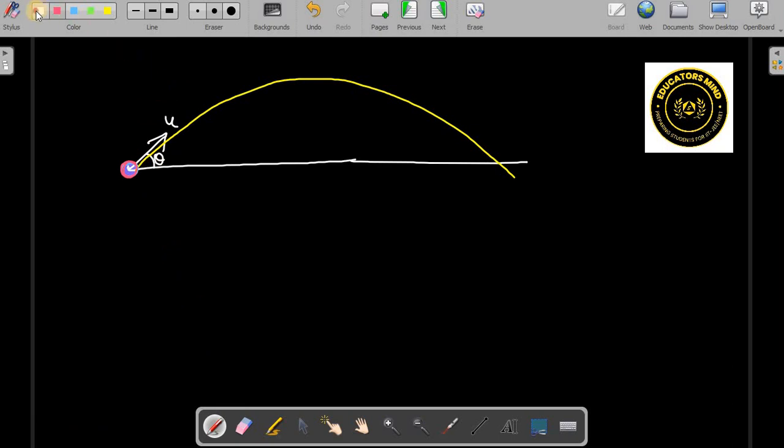So this is the initial velocity vector, and sometimes the velocity vector can be making a different angle with the horizontal. Let us say now it is, so you can see theta is decreasing, and here theta is going to become 0. At this point, let's say this angle is alpha, and this velocity is v vector.